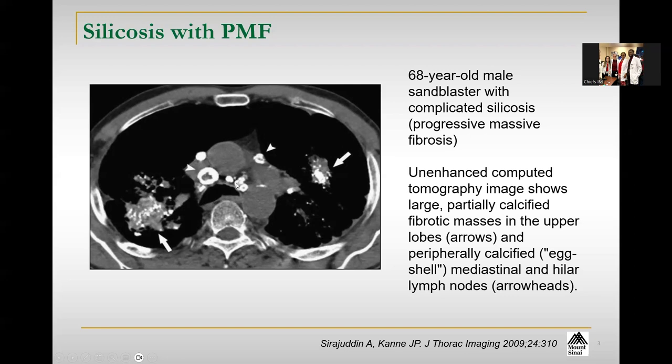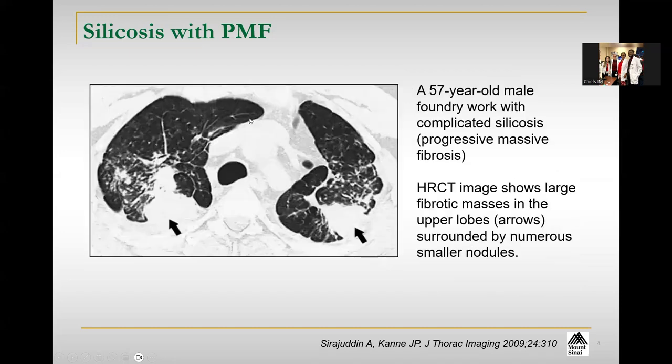Sarcoidosis can also do this, but not so frequently. Silicosis does it a little bit more often, but again, do not expect to see this in every case of silicosis. So here, again, more cases of progressive massive fibrosis from silicosis.